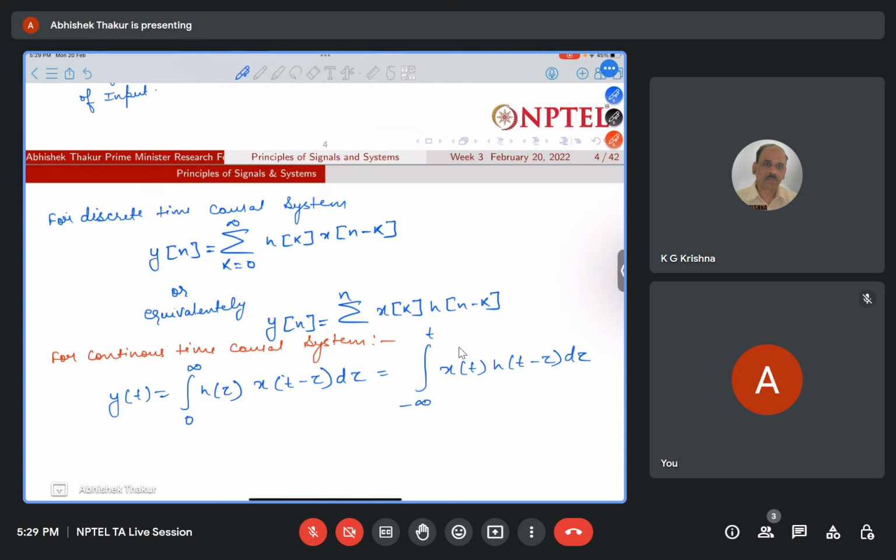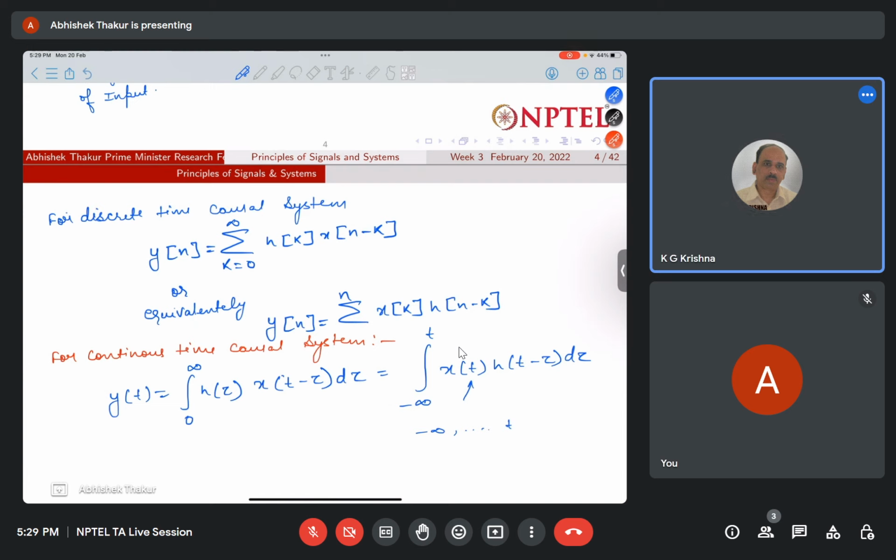For x of t, here the output depends on the negative and the present values, so it will depend from minus infinity to t.